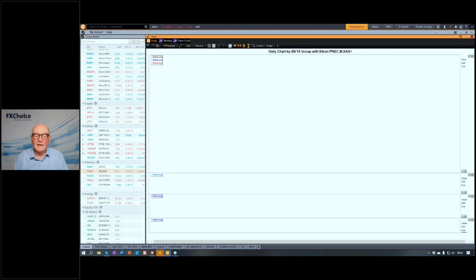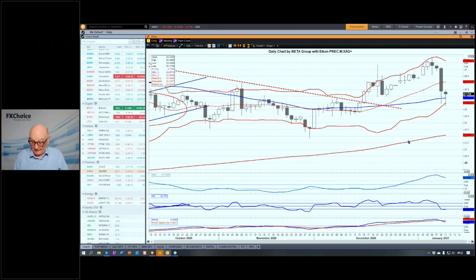Going to the daily chart now. On Friday we had the very sharp sell-off, but it's in the context, I think, of a rising market. We had a big lower shadow here, with so far having another day like that.